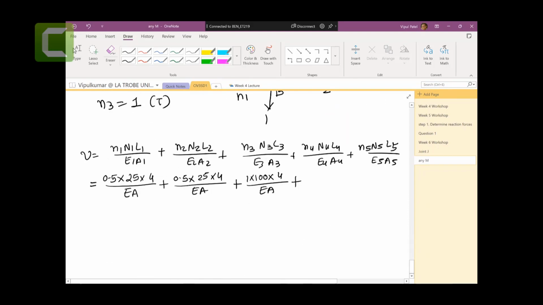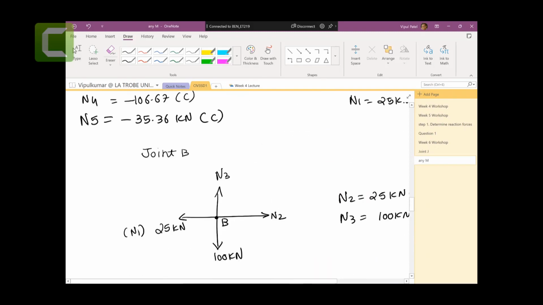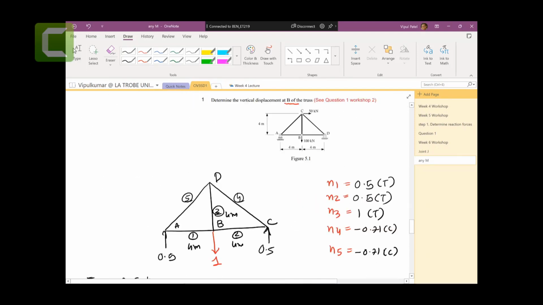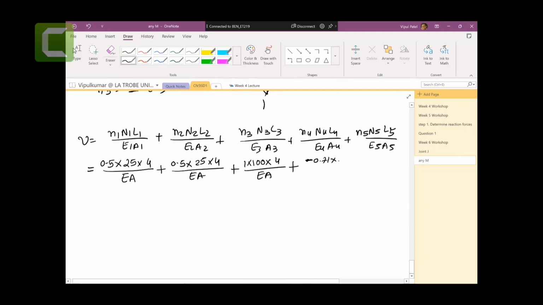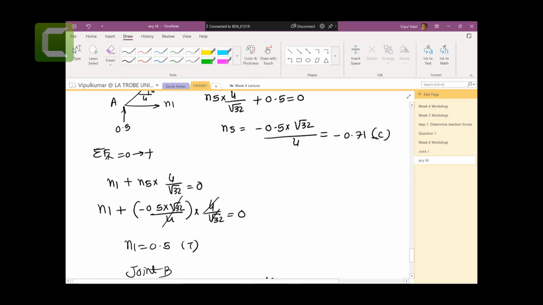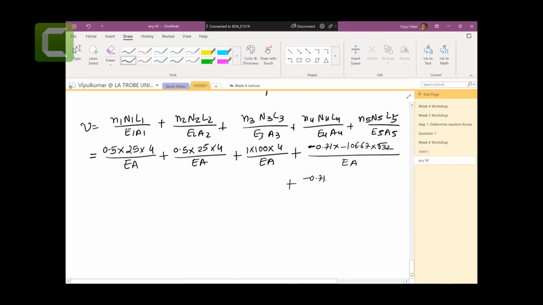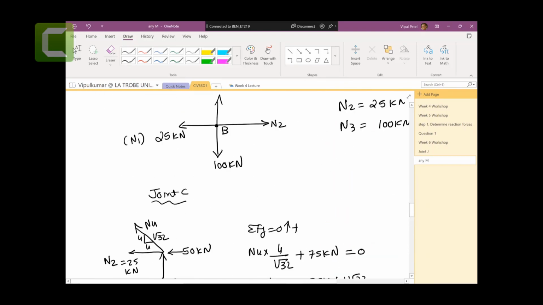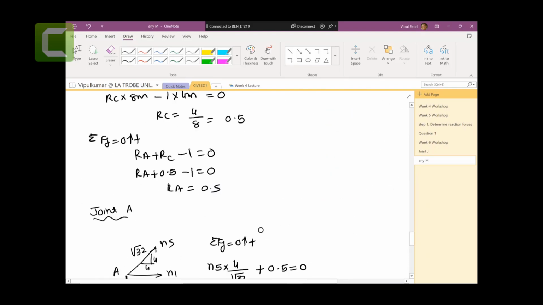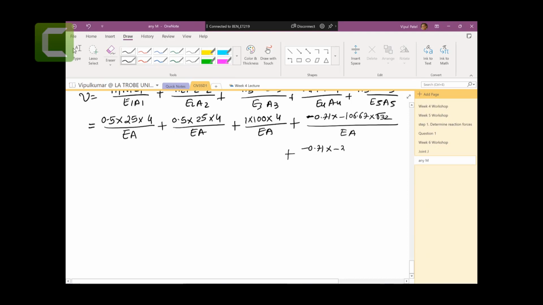Plus small n4 minus 0.71, capital N4 minus 106.67, and this is square root 32 over EA, plus small n5 minus 0.71, capital N5 minus 35.36, times square root 32 on EA, right?